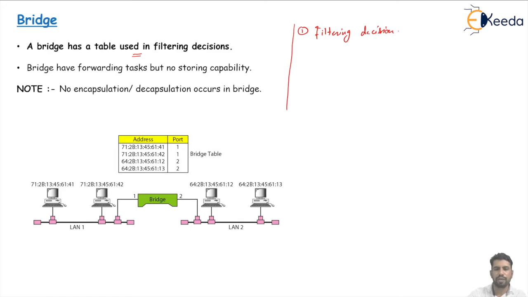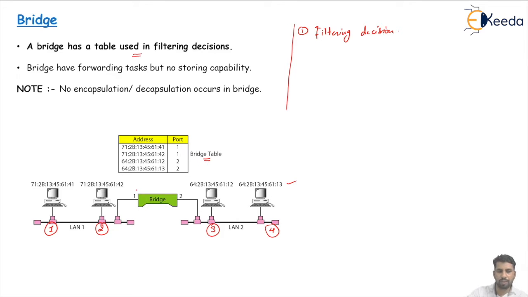Filtering decision here means, for this bridge, if these are our four stations, this is station number 1, station number 2, station number 3, and station number 4, and these are their corresponding MAC addresses, or physical addresses, and this is the lookup table for the bridge.